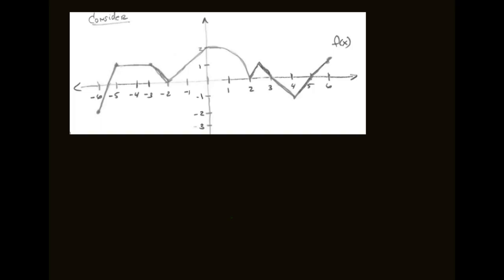Okay, so this is my image of f, and we're going to work a little bit here. I'm going to define g of x as the integral from 2 to x of f of t dt.